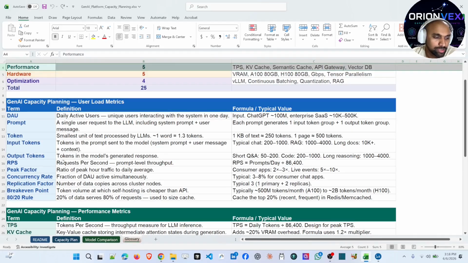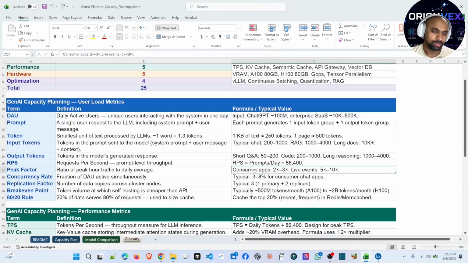RPS, requests per second, is a prompt-level throughput. RPS is prompts per day divided by the number of seconds in a day. Next, the peak factor. Peak factor means the ratio of peak hour traffic to the daily average traffic. For consumer apps, we consider 2 to 3 times the daily average.